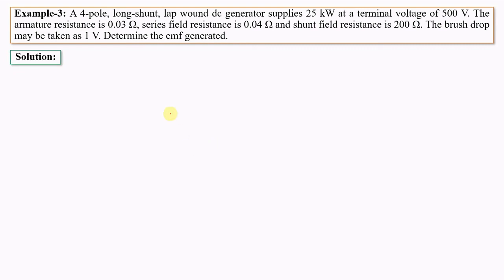Here, first of all, we'll draw the circuit diagram. As it is a long shunt compound generator, that means the armature and the series field winding are connected first, and then the shunt field winding is connected across this combination. And now the load is connected. So this is the figure of the long shunt compound generator. It is the armature winding resistance, generated EMF.